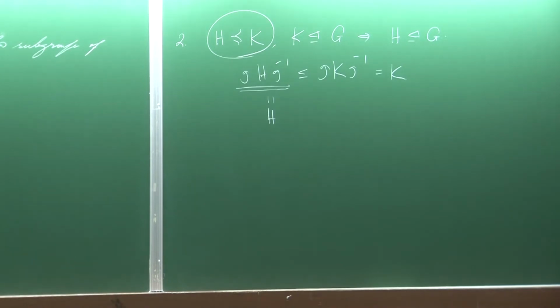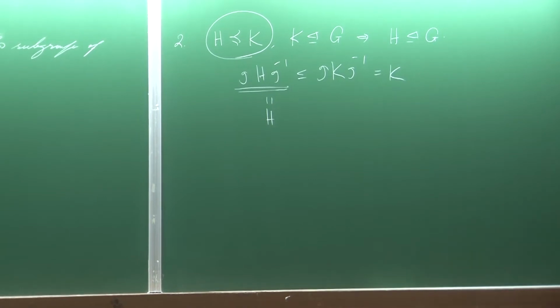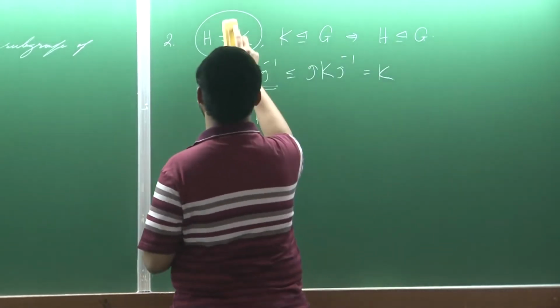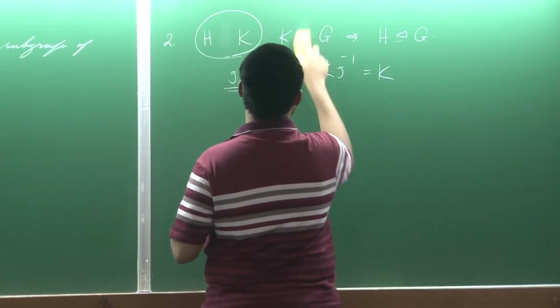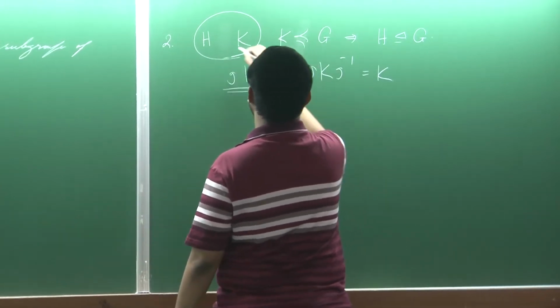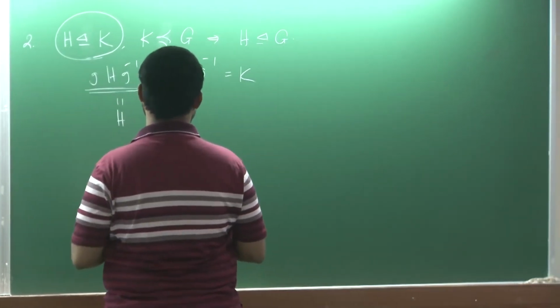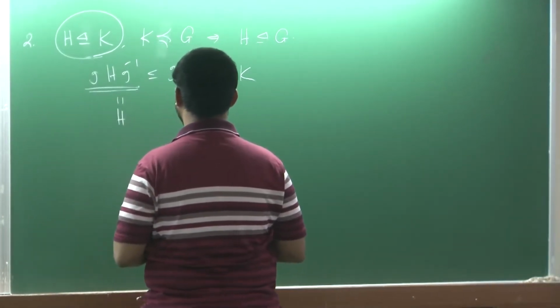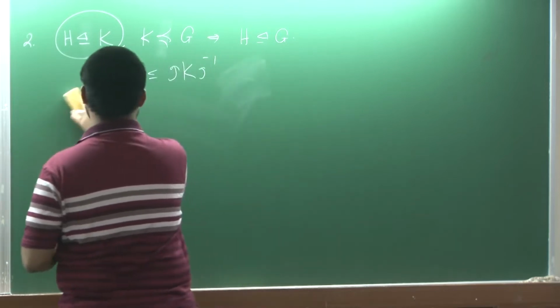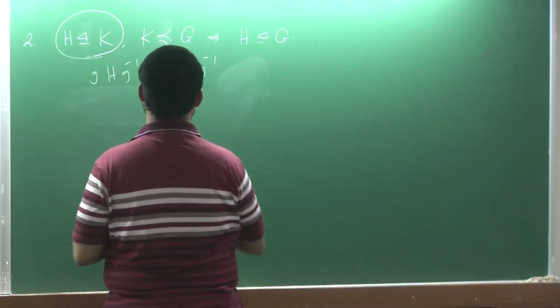Okay. Yes, so, okay, I think I have swapped the order. Yes, sorry. So if K is a characteristic subgroup, all right, then H is normal in G, yes.